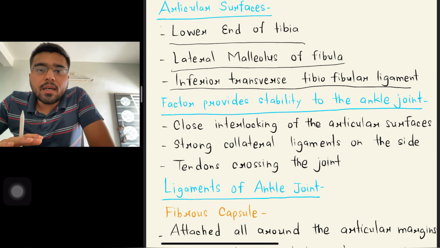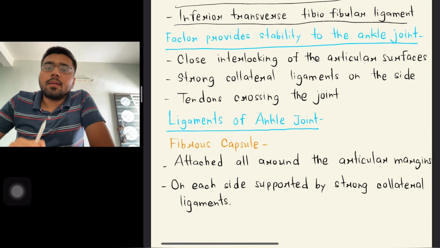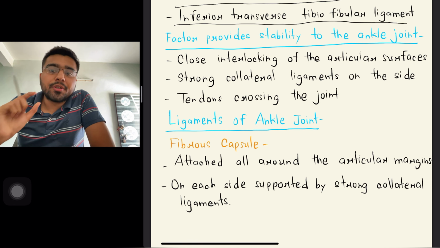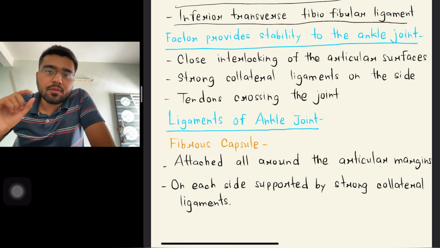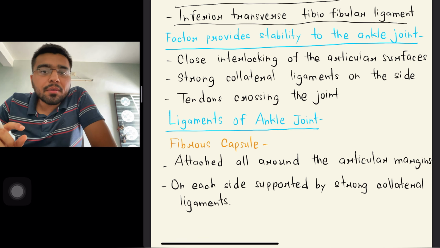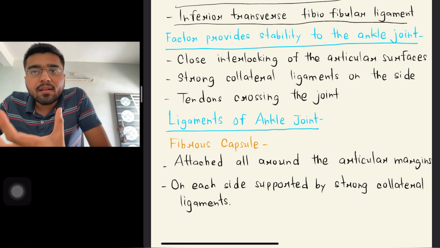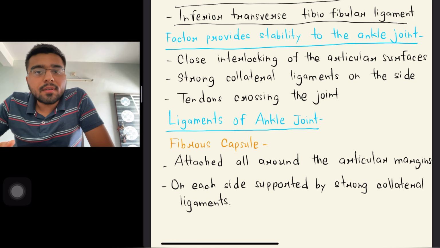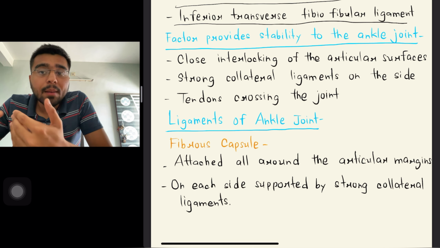Now let us talk about the ligaments of the ankle joint. We will start first with the fibrous capsule. The fibrous capsule is attached all around the articulating margins of the ankle joint, like the lower end of the tibia, the lateral malleolus of the fibula, and the inferior transverse tibiofibular ligament.